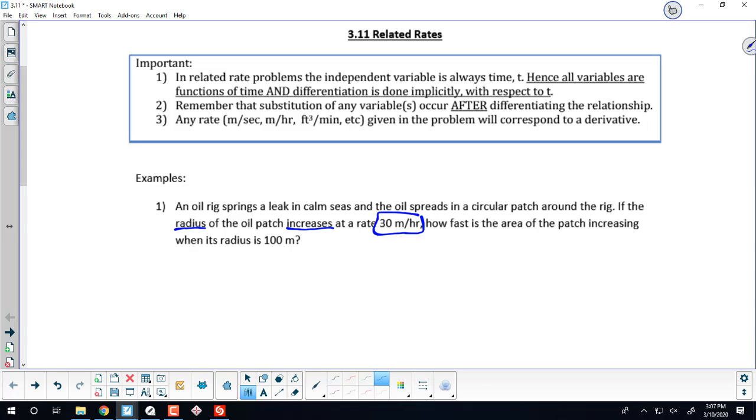We're going to call the radius R, but what are we given with 30 meters per hour? Is that the radius? No, it's the rate of change of the radius. So we want to call that R prime. I typically don't write of t because all variables are functions of t, but if you need to write R prime of t, then write that. So we're given that R prime of t is 30.